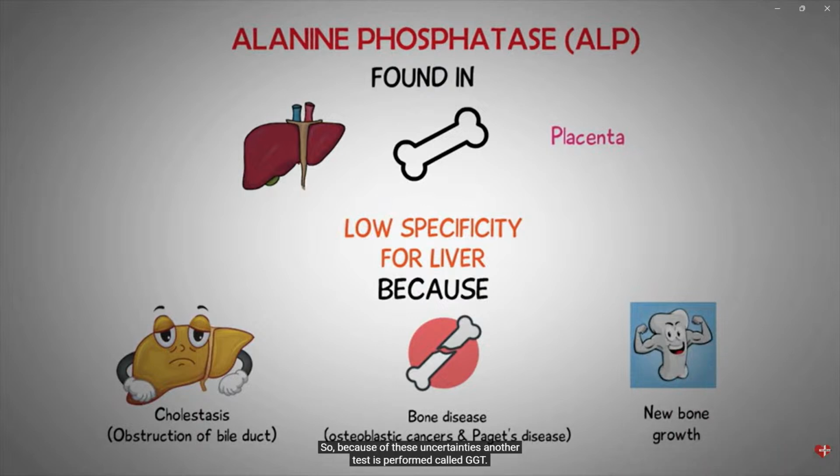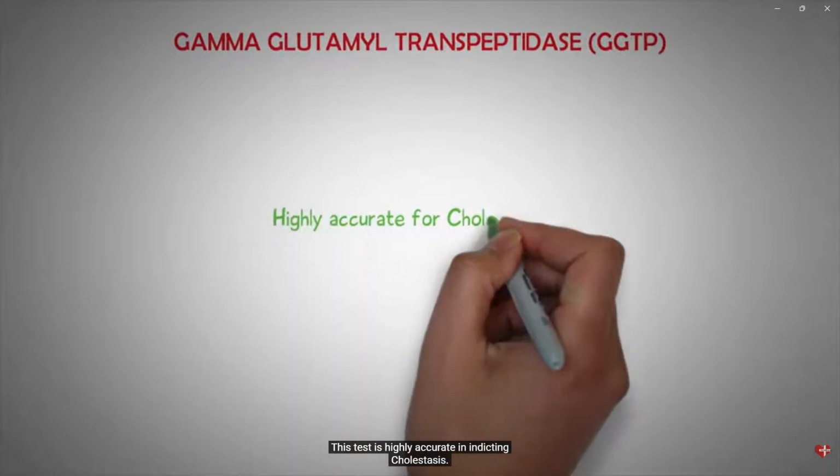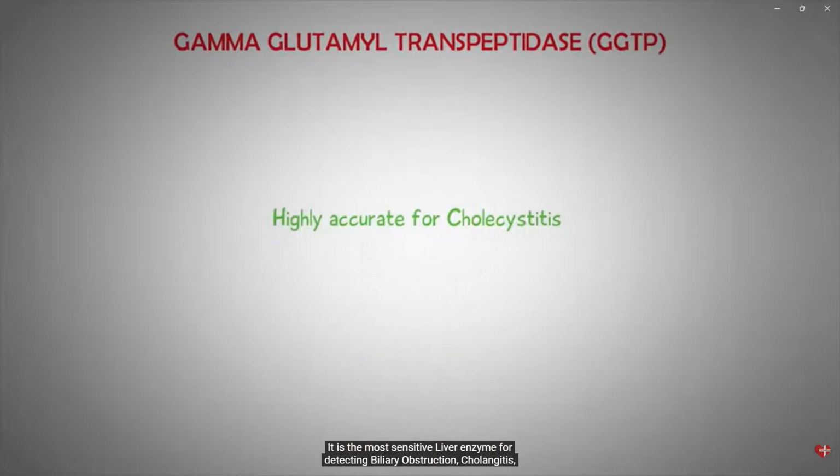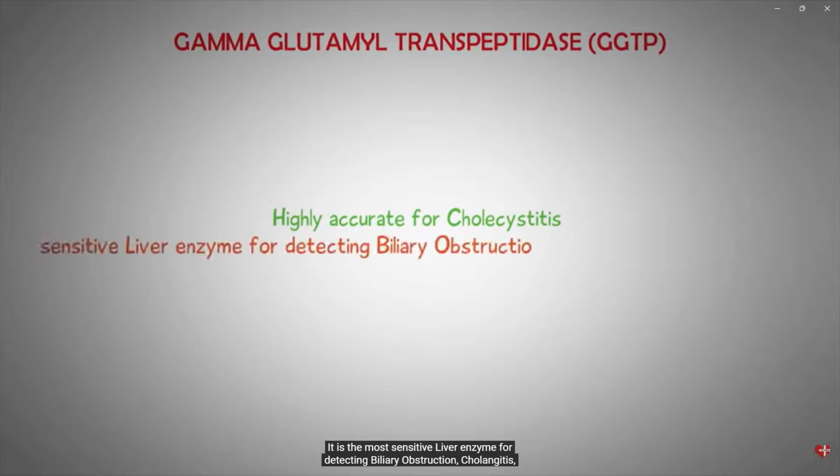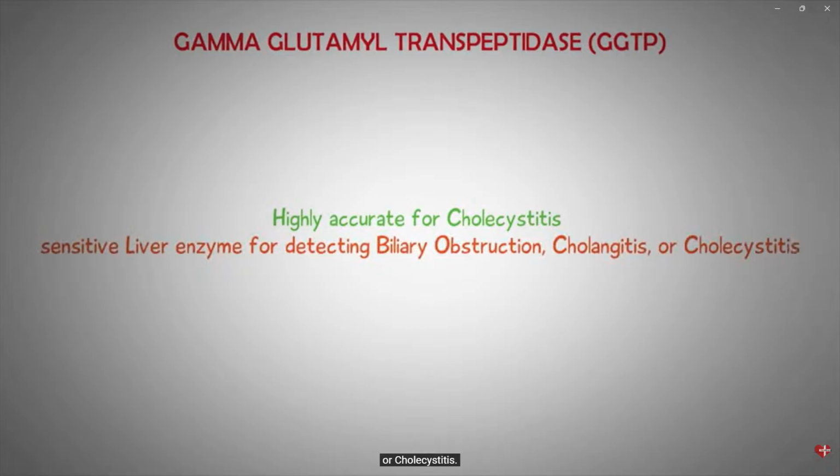So because of these uncertainties, another test is performed called as GGTP. GGTP, gamma glutamyl transpeptidase. This test is highly accurate in indicating cholecystitis. It is the most sensitive liver enzyme for detecting biliary obstruction, cholangitis or cholecystitis.